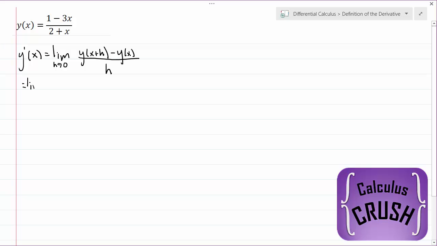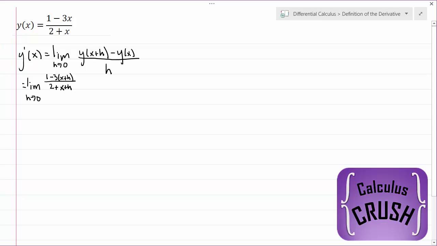So first we start by writing the limit as h goes to 0. And up top here we have (1 minus 3 times (x plus h)) divided by (2 plus x plus h).